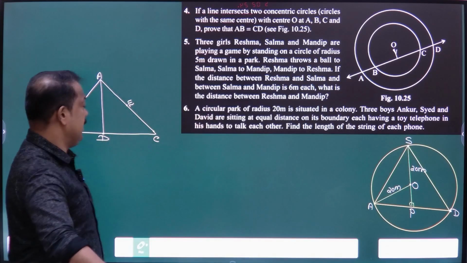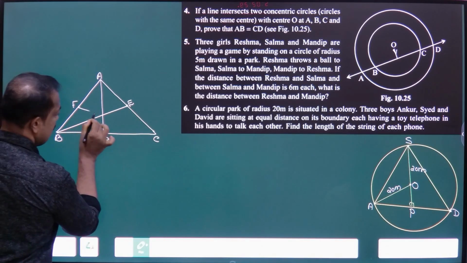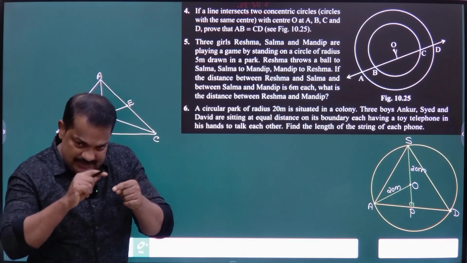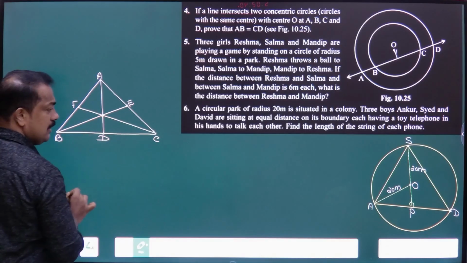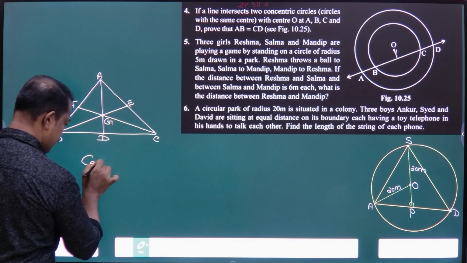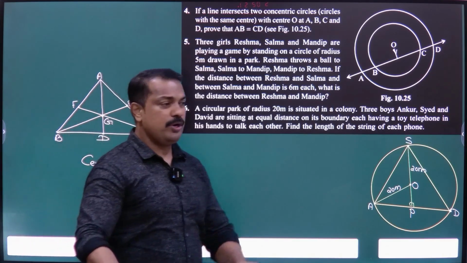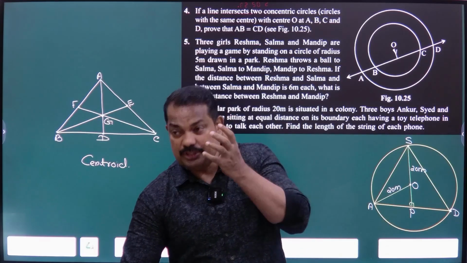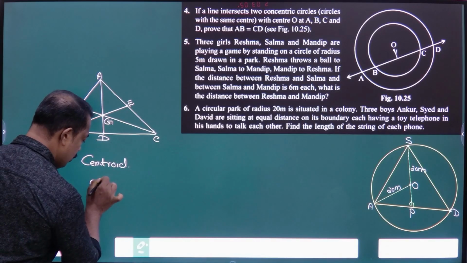Same way, BE and CF are medians. All these medians pass through the same point, and this point is called the centroid. The meeting point of the medians is called the centroid. The meeting point of the altitudes is called the orthocenter.